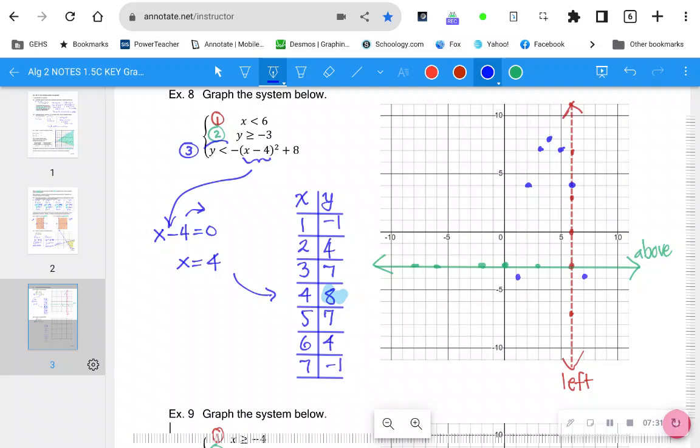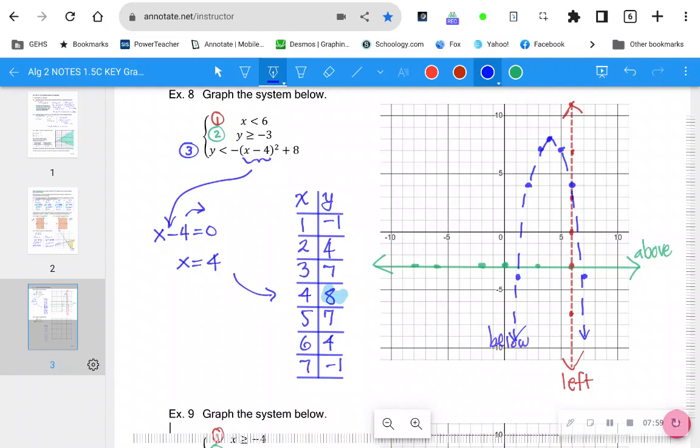And we want to shade below that parabola with a dashed border. So let me make a dashed border here. And once I've got this drawn here, I'm going to indicate, and this would be based on the fact that y is less than, that we have to be below that parabola.